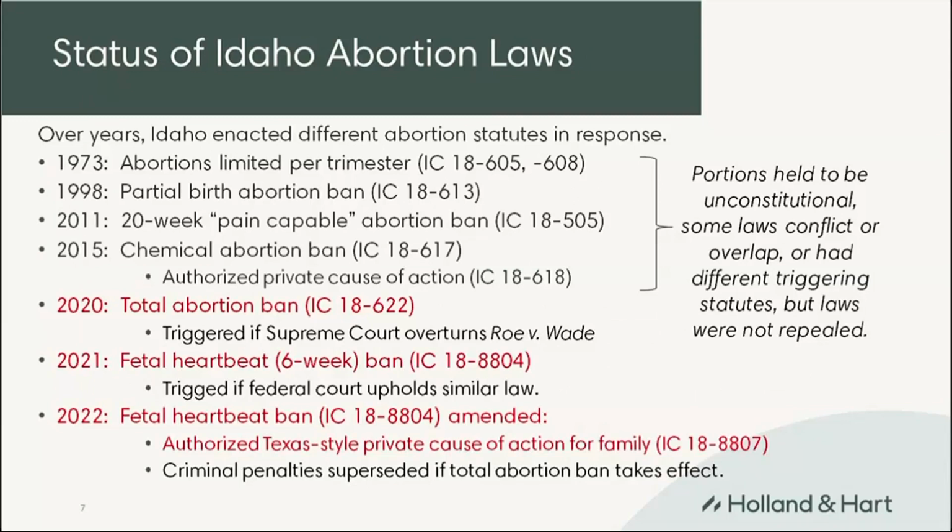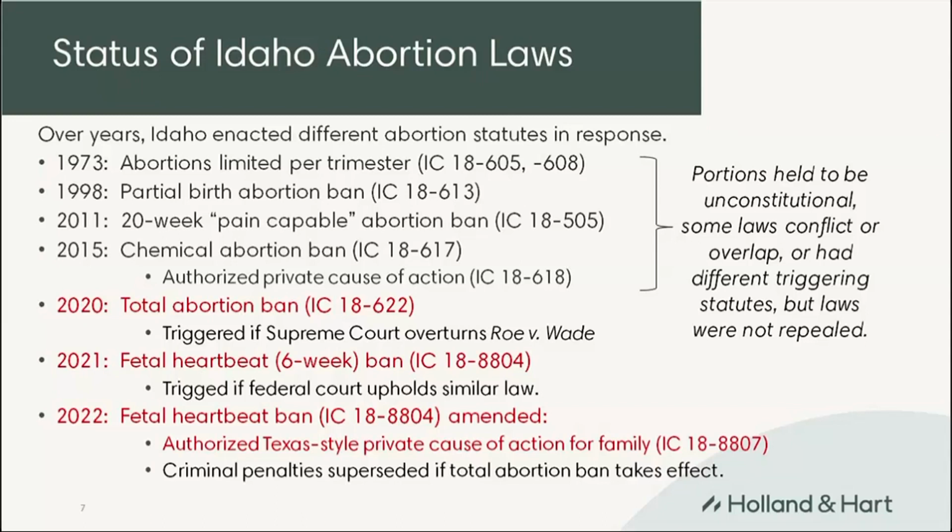Wade. But typically what would happen is they would pass it, it would be held to be unconstitutional, and a few years later they'd try to pass a different statute. The bottom line is this: they never went back and took those statutes off the books. So we have a whole series of different abortion statutes that were still on the books.